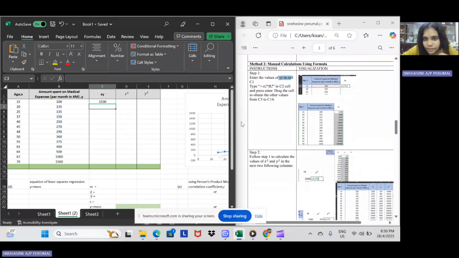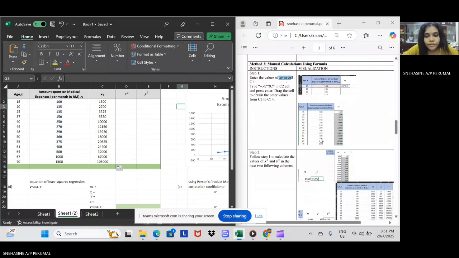The next step, to get the full answer without calculating everything, you just press over here and then pull it down to C14 and you will get the answers. This is the easy way to get the answers.